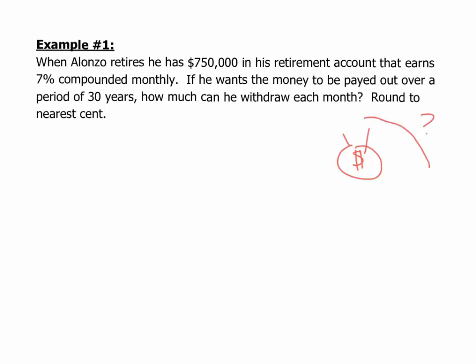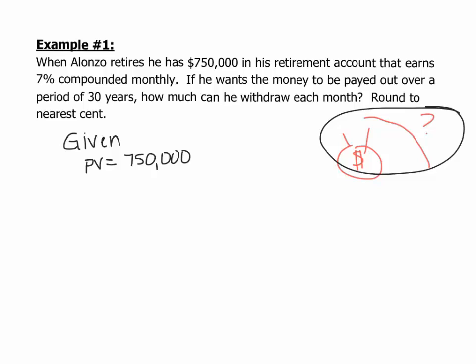Thinking about what our given information is and what our goal is: my given information is that he has $750,000 in his account right now, so he has a present value of $750,000. If we're on this side of the retirement scenario, where we're withdrawing money each time, it's always going to be a present value that we have, a large sum, and not a future value.